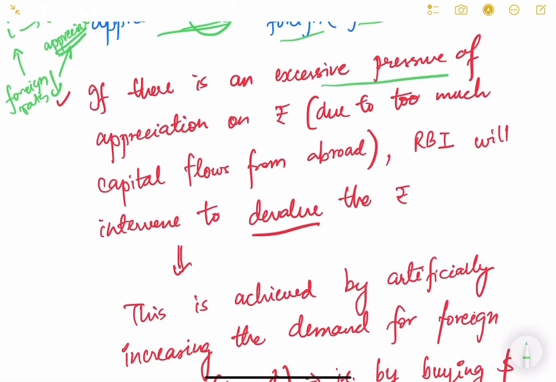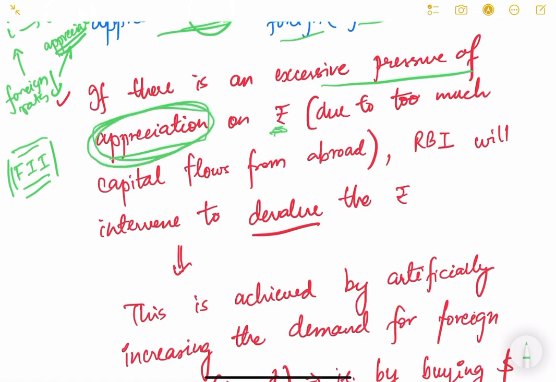If there is an excessive pressure of appreciation on rupee, for example, if too much foreign investment is coming in India because foreigners are suddenly feeling that Indian markets will grow, and mostly this investment comes in the form of foreign institutional investment, FIIs, there will be excessive pressure of appreciation on rupee because too much capital flows from abroad.